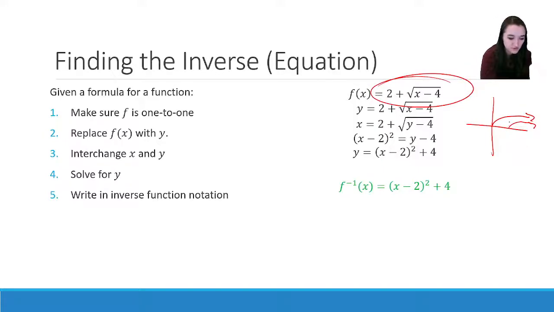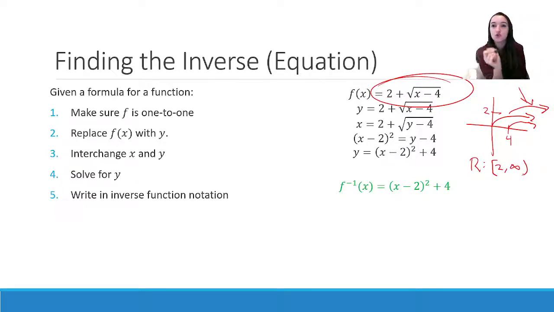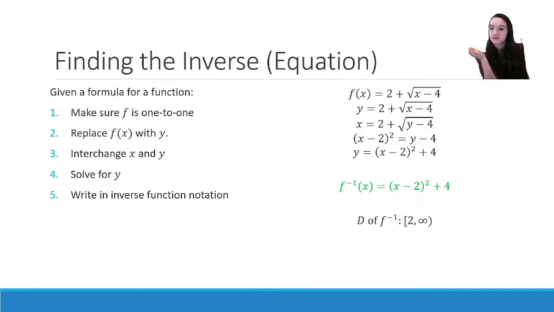And then plus 2 means we're moving up, right? So we're like here. This is our function now. We moved up by 2 and to the right by 4. So our range is then 2 to infinity. So our range is 2 to infinity, so our domain of f inverse is 2 to infinity.